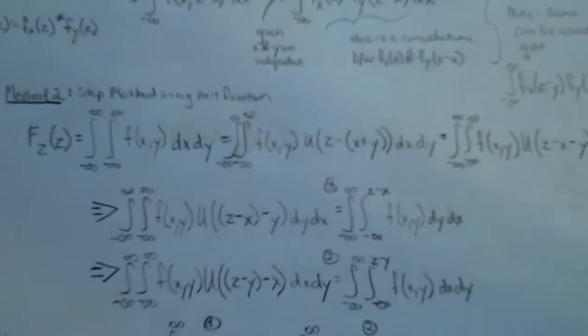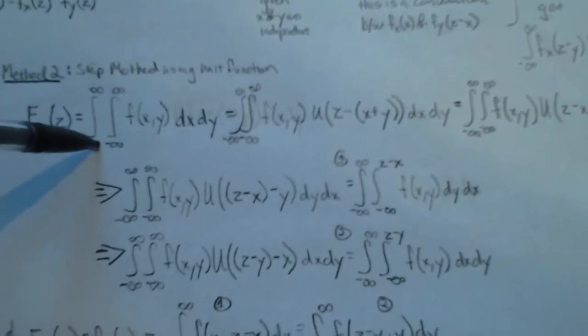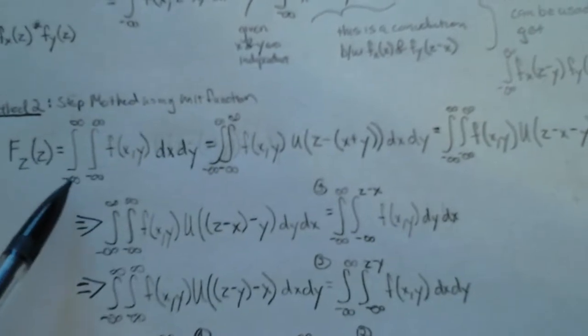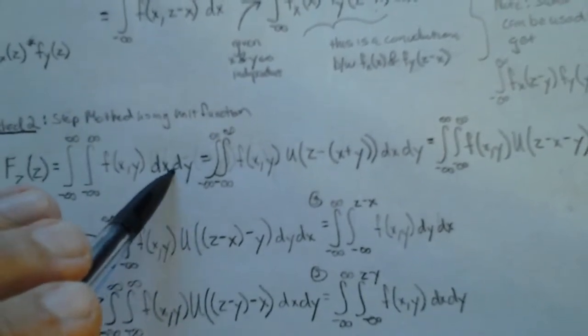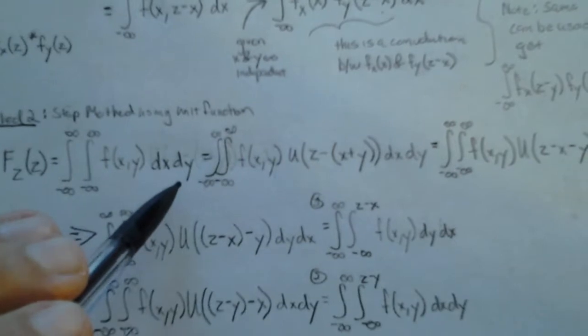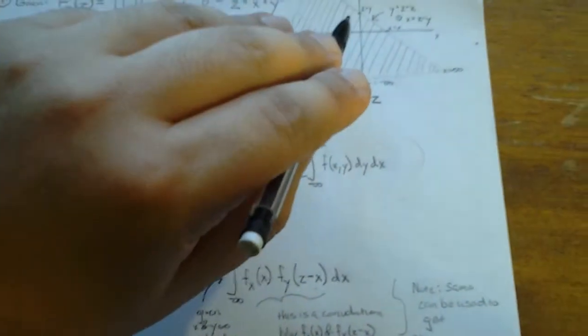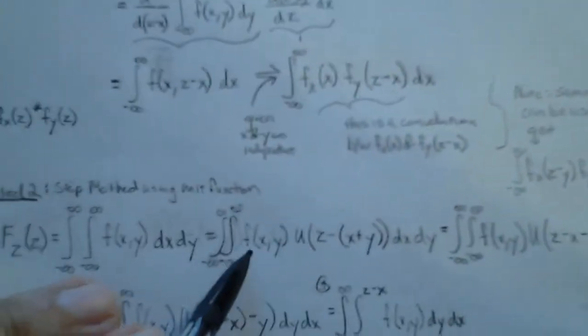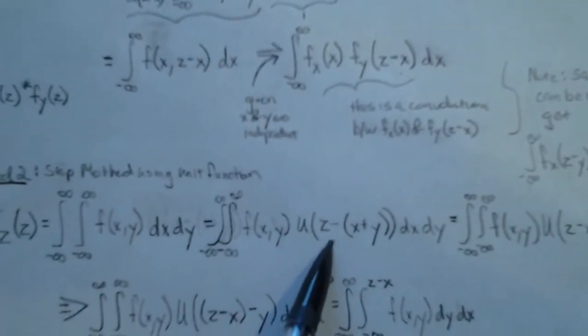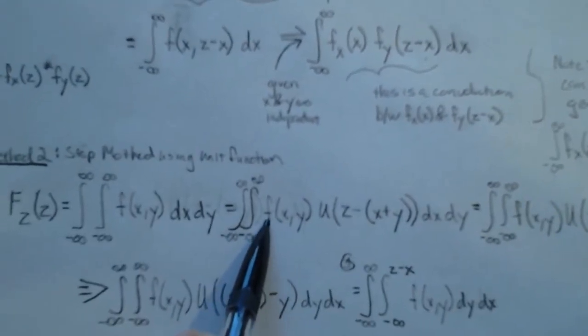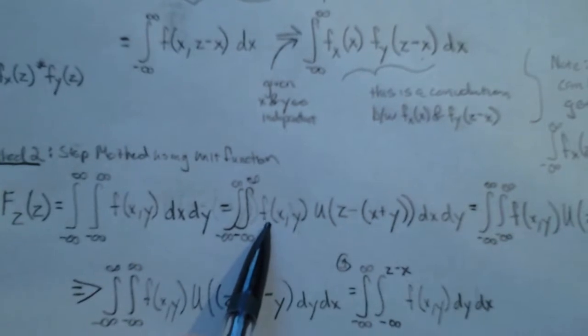The second method specifically tries to avoid creating any limits here. It just looks at the entire plane on the x and y axis from negative infinity to positive infinity. But how it handles the function is that in order to define things, it defines them in terms of the z function, by including a unit function and multiplying it times our joint density right here.